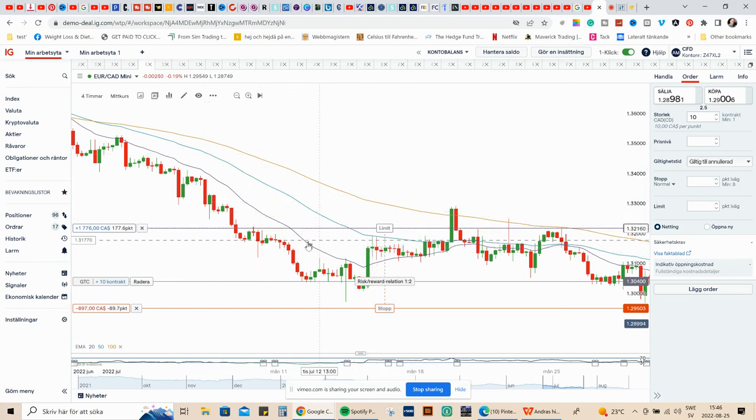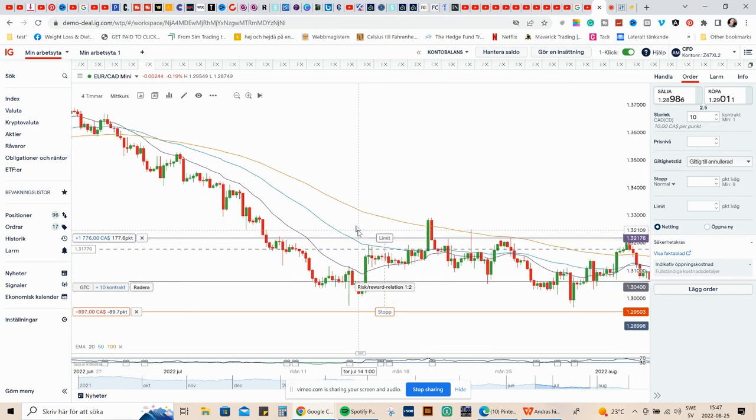In this case, this is the 20 EMA, 50, 100 EMA. You can see a kind of squeeze here when the 20 EMA is squeezing up. And also we can see wicks here, so I can see it would be a breakout trade. So I would put my take profit level higher than this.